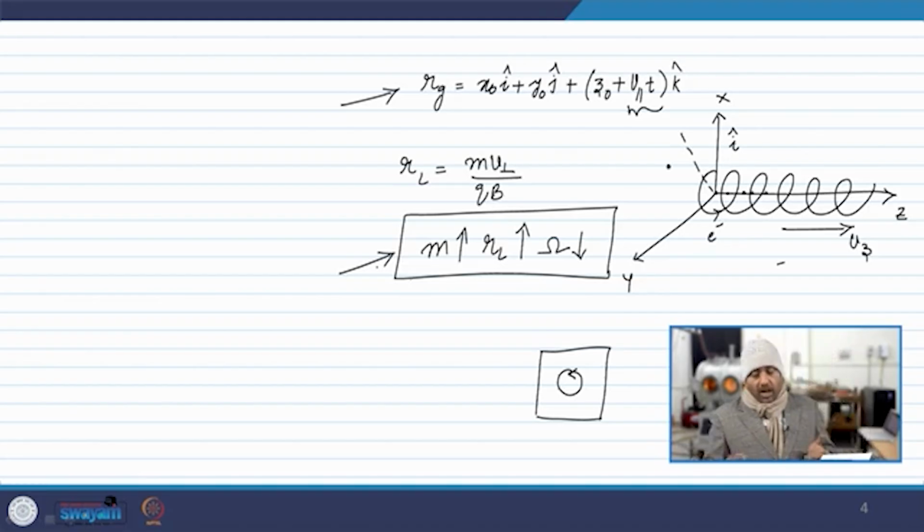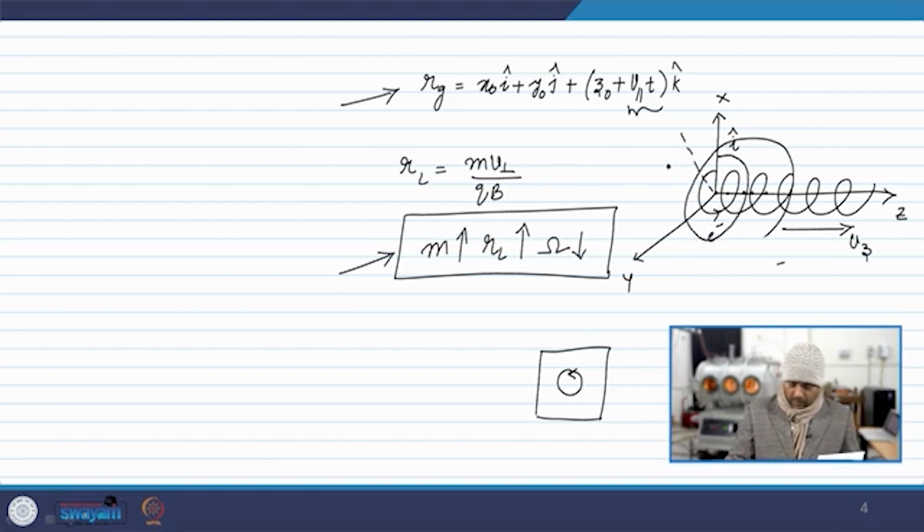Now, if I ask you to construct the trajectory of the particle for an ion, it will be exactly opposite in rotation, but will it move in the same direction along the positive z axis or not? If I draw the trajectory, this figure will become very messy, but the particle will rotate like this.